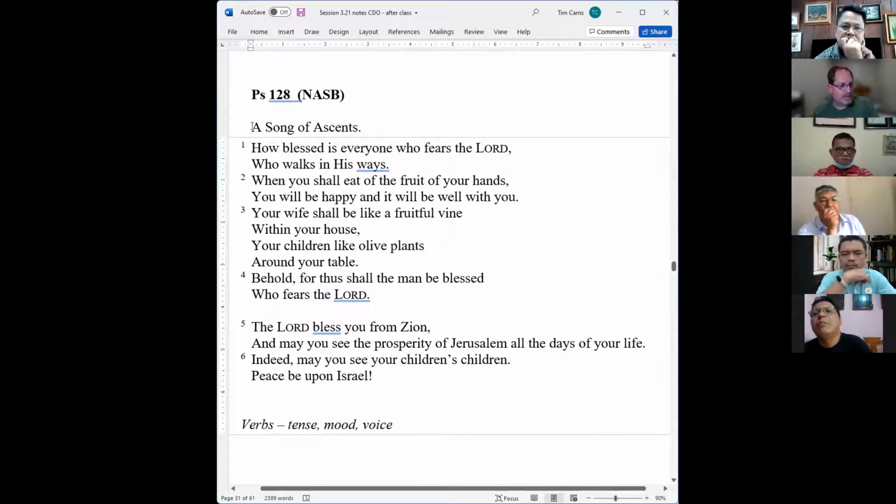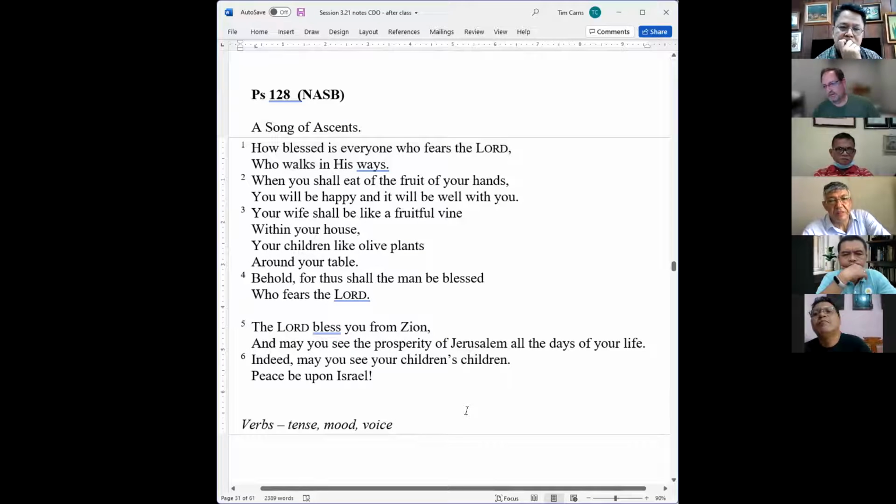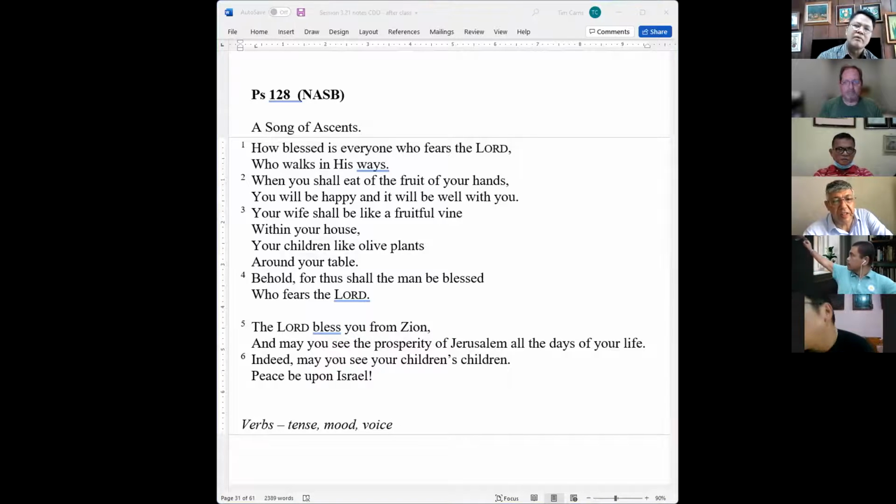read Psalm 128 for us. "Psalm 128. How blessed is everyone who fears the Lord, who walks in his ways. When you shall eat of the fruit of your hands, you will be happy, and it will be well with you.